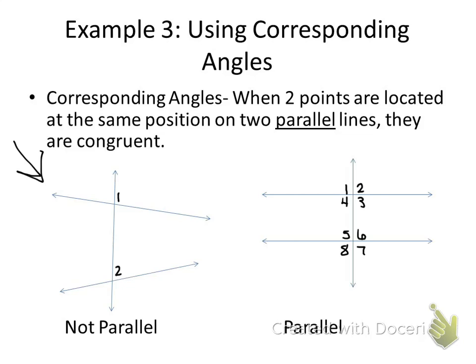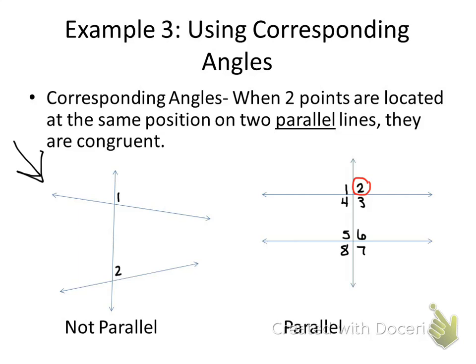So that brings me to diagram number 2. I can only have corresponding angles, meaning angles with the same measure at 2 different locations, if my lines are actually parallel. Okay? So let's look at angle 2 for a second. Notice that it's located in the top right part of this intersection.